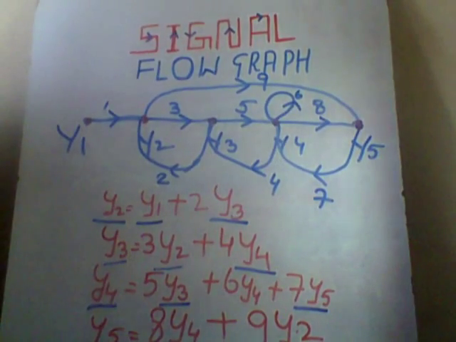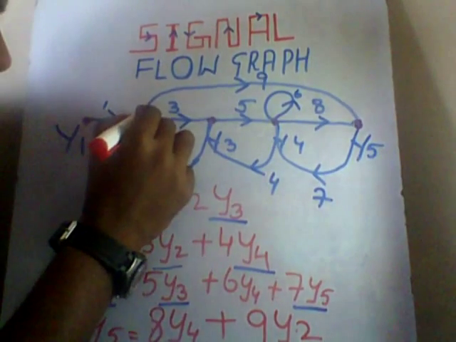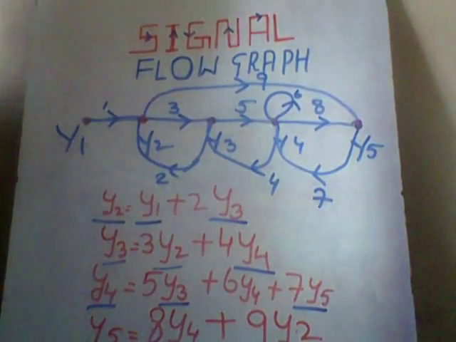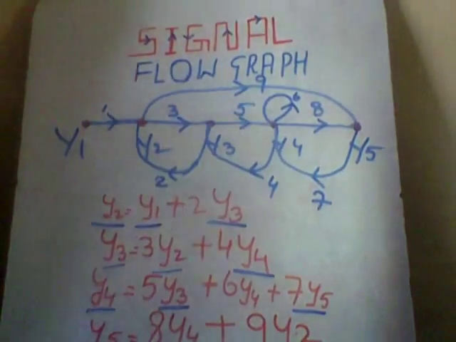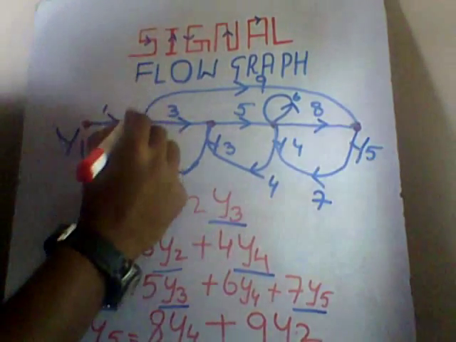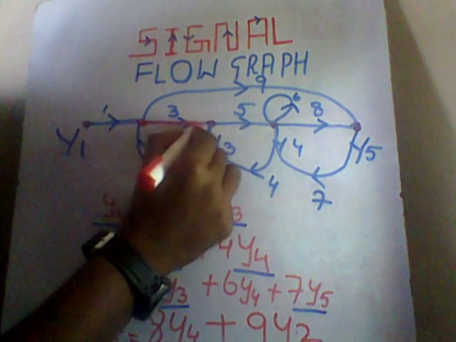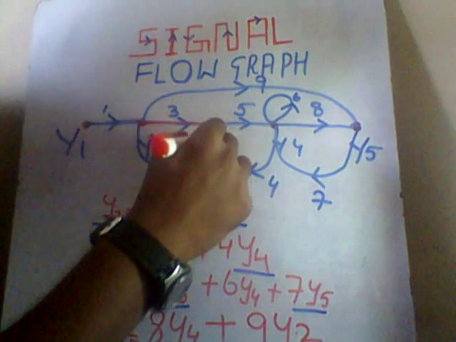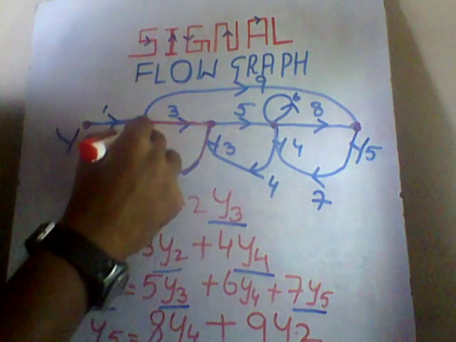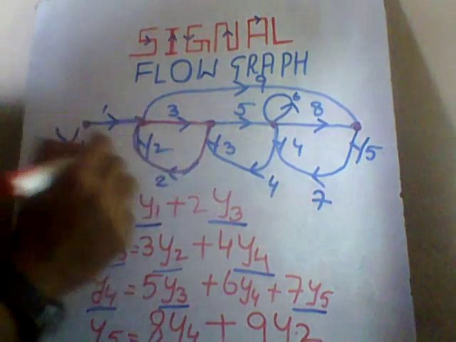Okay, first loop. See, this is a node. A loop will definitely have a feedback path. It started like this, went and touched a node, and again returned to its original place.